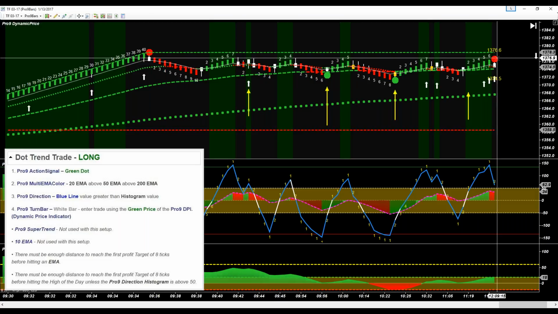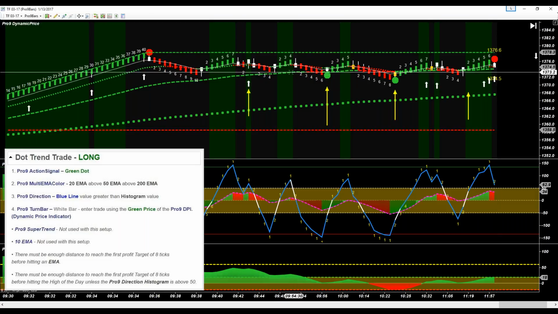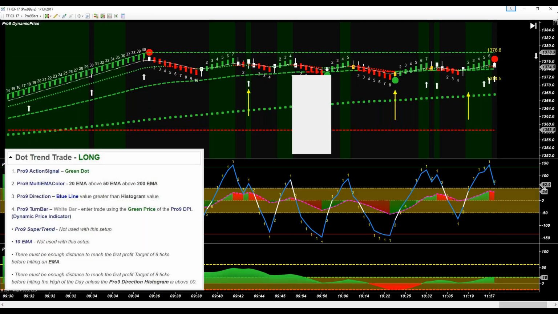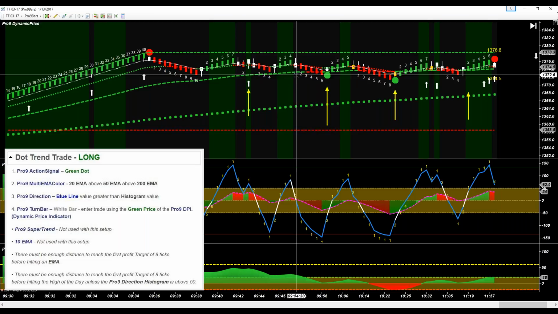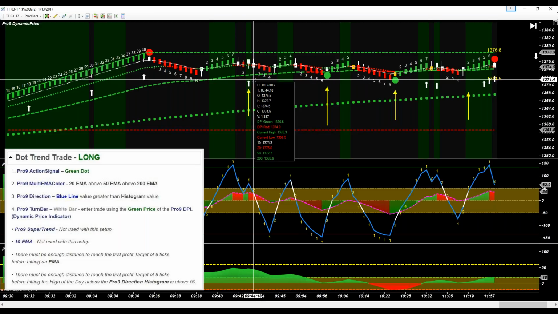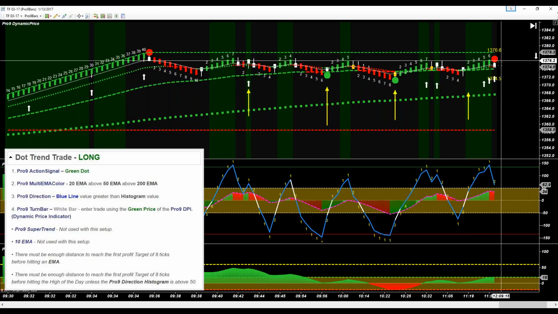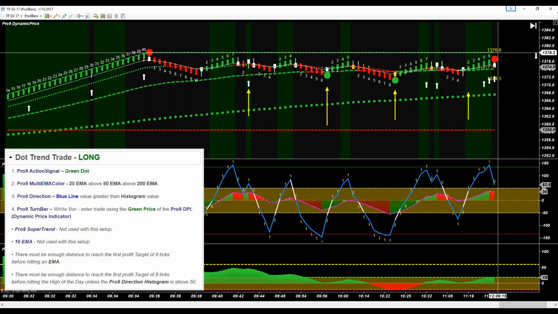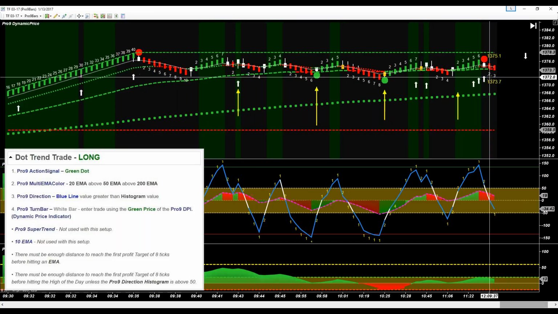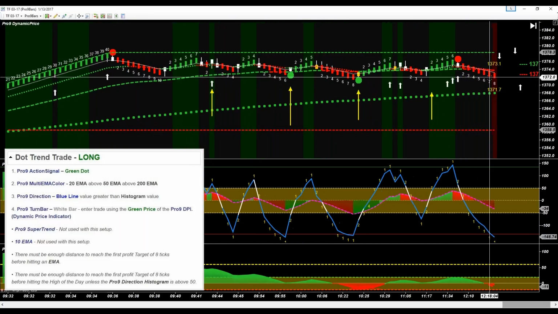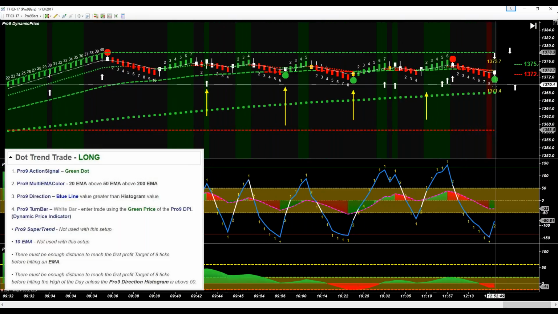And again, that's a number we've seen several times right around here. So it seems between this 1376.6 and 1377, we're having a lot of trouble breaking out of that range. And again, we may see the same thing. This one doesn't look like a qualified dot trend.